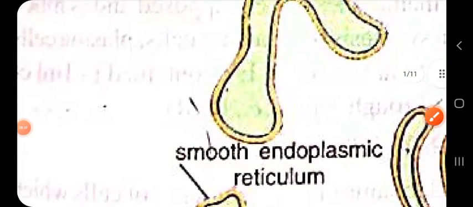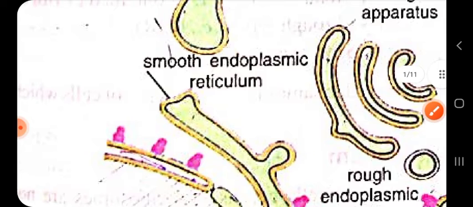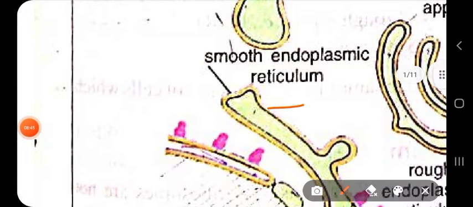they will be moving along towards the Golgi apparatus with the help of secretory vesicles that contain your protein.